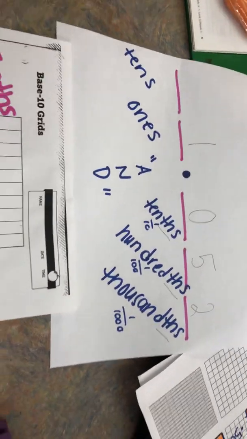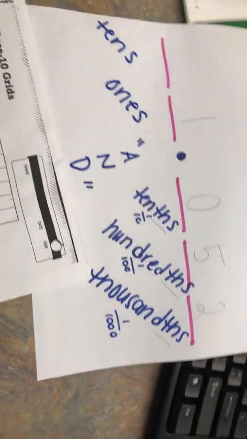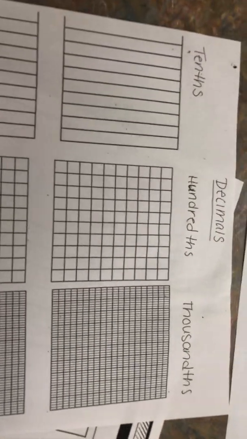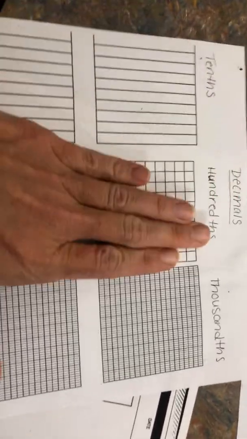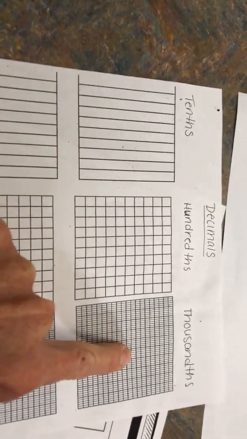The thousandths grid is a little crazy. To represent the thousandths, we have this grid right here. And yes, it has 1,000 tiny little sliver pieces. So they're all the same size. They're all one whole. If they were shaded in, this represents tenths, hundredths, and thousandths.